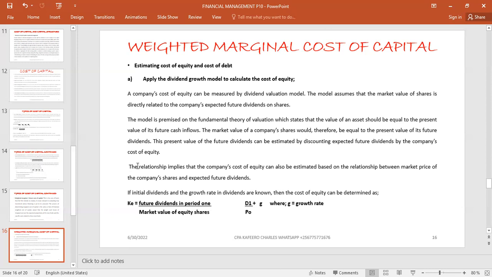A company's cost of equity can be measured by the dividend valuation method. This model assumes that the market value of shares is directly related to the company's expected future dividends on shares. What do I mean by that?